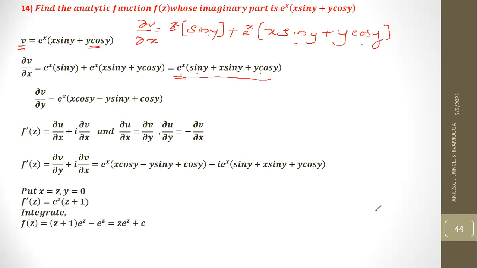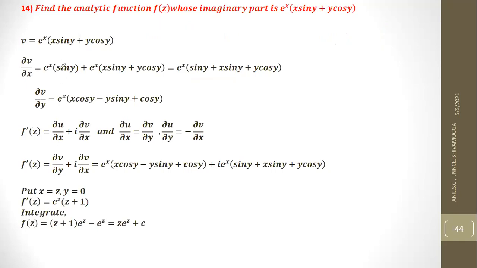Now we differentiate partially with respect to y. Same function, it is denoted by del v by del y. This is equal to e power x, which is to be treated as constant, keep it as this. Here x is a constant, keep it as this. Derivative of sin y is cos y, plus derivative of y cos y.